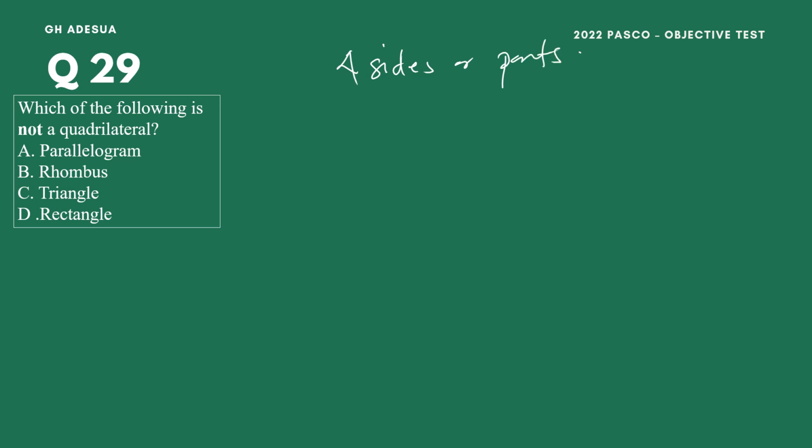When you see a parallelogram, it has a shape something like this. That is 4 parts, so a parallelogram is a quadrilateral. A rhombus looks more or less like a kite. We have 1, 2, 3, 4 parts, so it is also a quadrilateral.